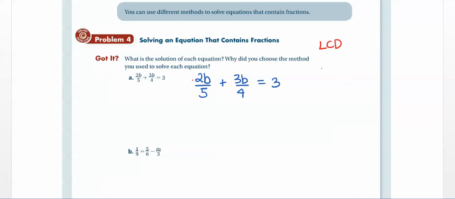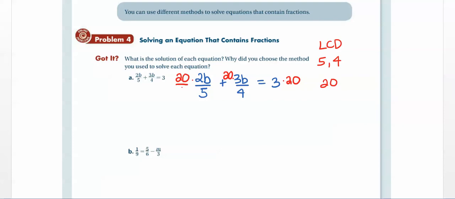So when you learned how to add and subtract fractions, you learned about the lowest common denominator. The LCD of 5 and 4 is 20. It's basically the smallest number that 5 will cancel into and 4 will also cancel into. So I'm going to multiply everything by 20, including the 3.